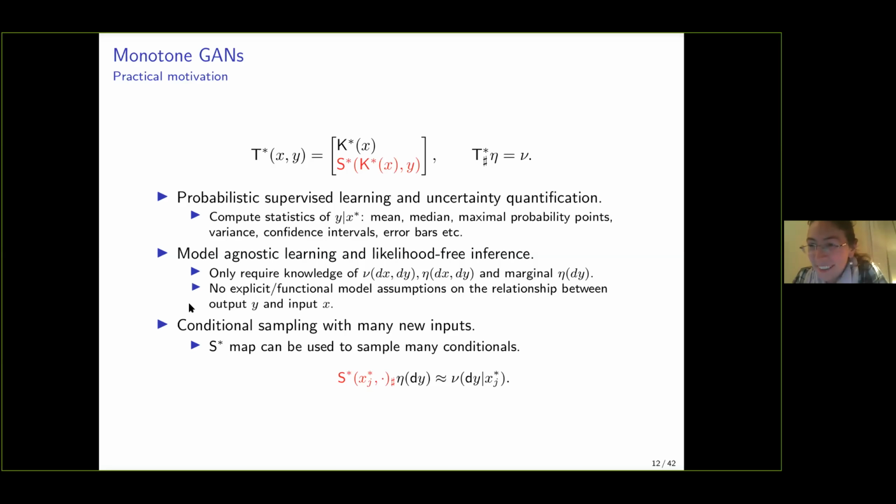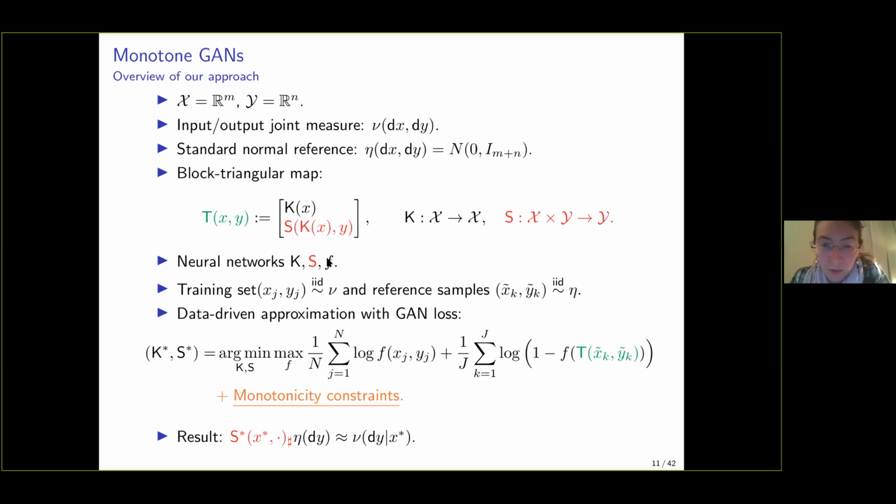Sorry, can I ask you a quick question? The F that you had on the previous slide, that's given to you, right? No. F is a neural network, and then you do a min-max. So you're maximizing over F. Okay. What is the big N, big J here? Oh, sorry, I should have said that. Big N would be the number of training points. Big J would be the number of samples you drew from your reference eta.